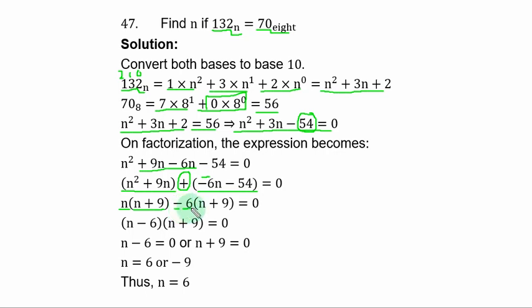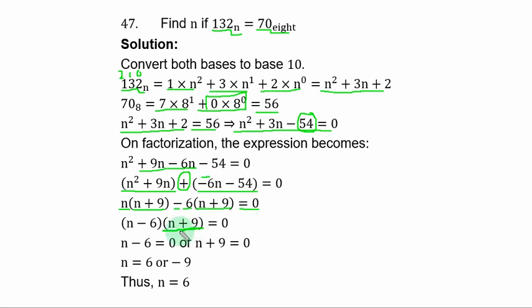You divide through by minus 6. You divide minus 6n by minus 6, you have plus n. You divide minus 54 by minus 6, and that is plus 9, equal to 0. Clearly, n plus 9 is common.